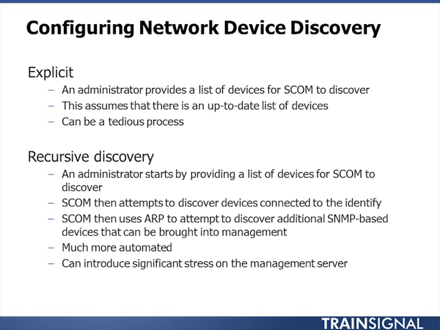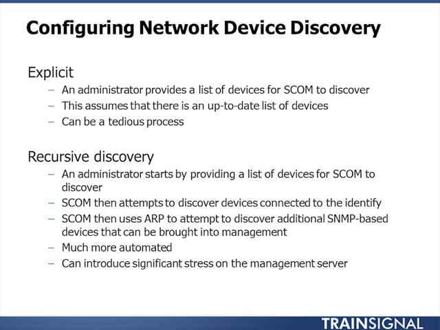But this is where recursive discovery comes in. This is where an administrator starts by providing a list of devices for Operations Manager to discover, just like you did before. But in this case, you may just provide it with maybe your main router. From there, Operations Manager then attempts to discover any devices that are connected to the identified items.